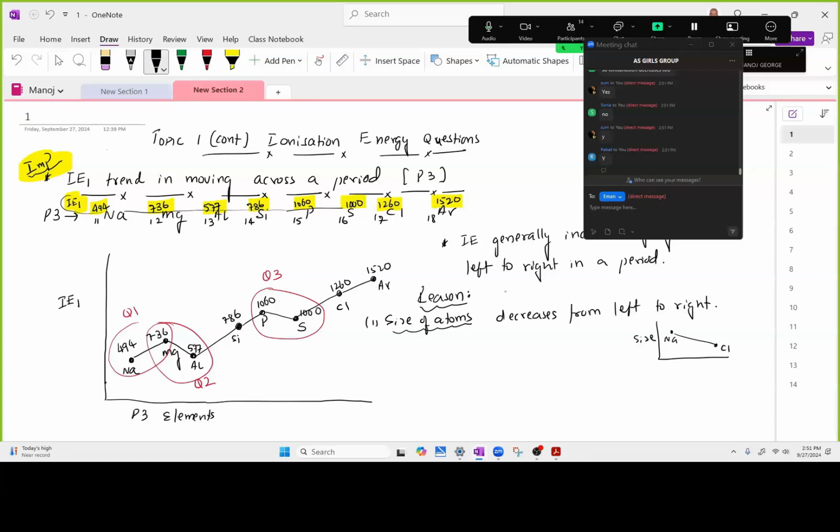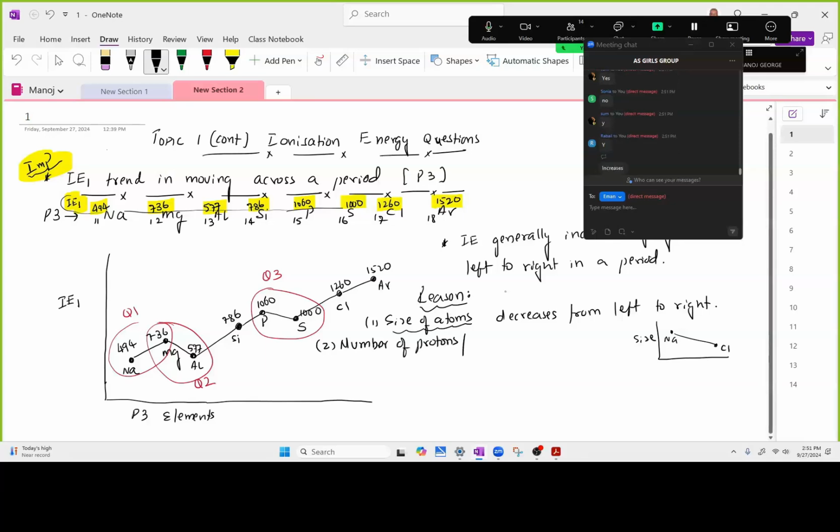What about the number of protons? What happens to the number of protons or nuclear charge? Should it increase or decrease? Number of protons is also called the nuclear charge.